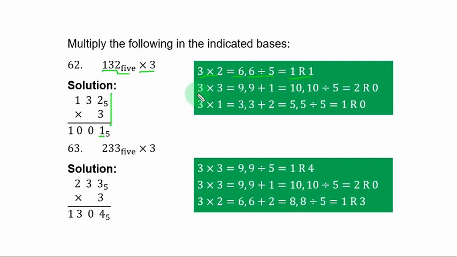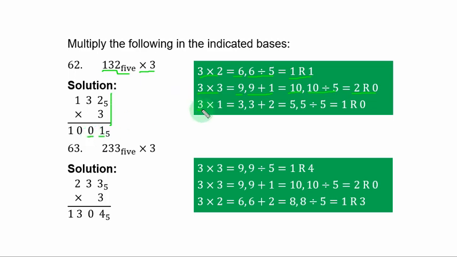And that is 3 times 3, that is 9, plus the 1 you brought forward, you have 10. You divide 10 by 5, that is 2 remainder 0. You put down remainder 0 and you take 2 forward.